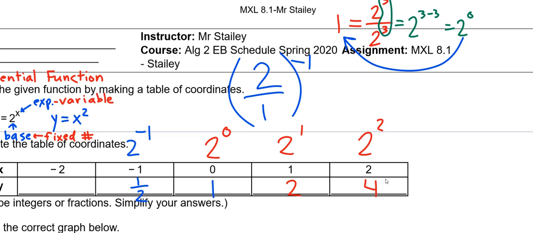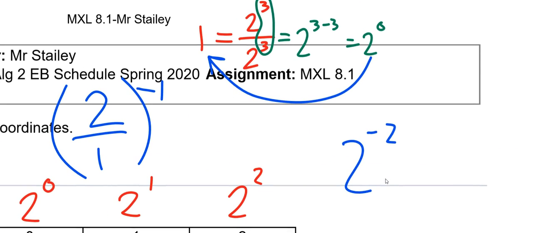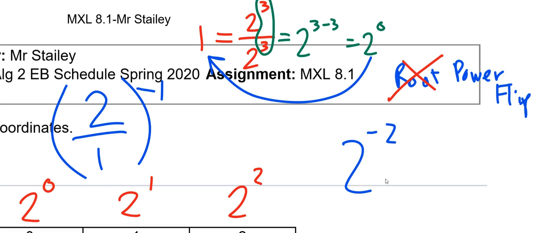What about 2 to the negative second? Now, I remember last chapter I drew a really bad diagram of a tree, and I talked to you about the root and the power and the flip. The root and the power, and then we did the flip last. I do not see a root in this.